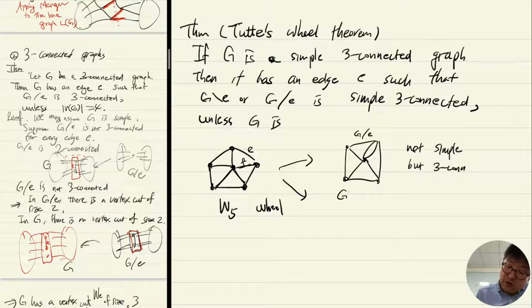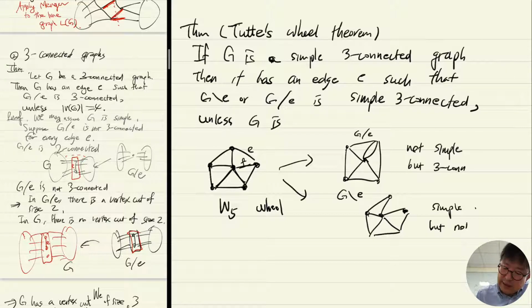How about G delete E? If I delete E, then you end up with this graph. It is simple, but not three-connected, because I can delete these two vertices and the graph becomes disconnected.